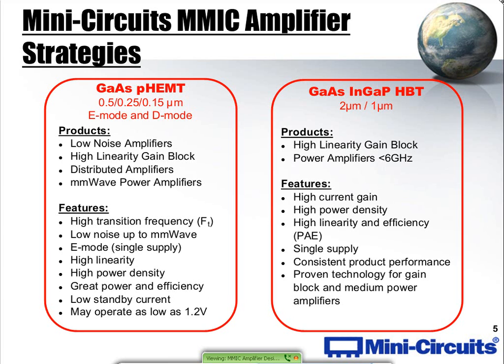It's an extremely robust technology. We can get intrinsic ESD levels over 1,000 volts. So you have a very robust, high reliability product that's used extensively throughout the RF and microwave industry, and that's why we make use of it.